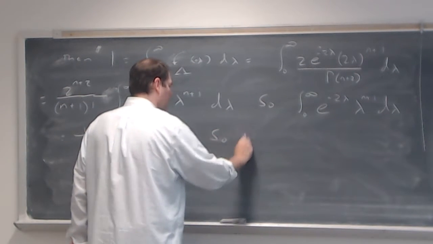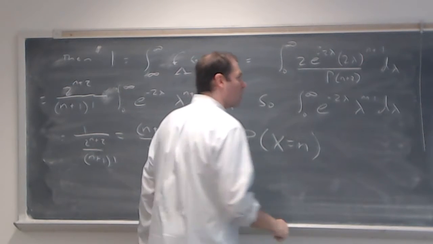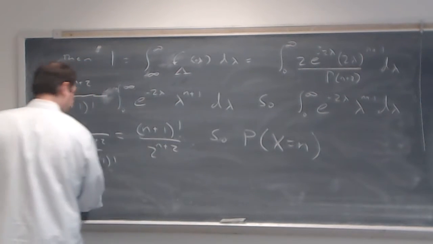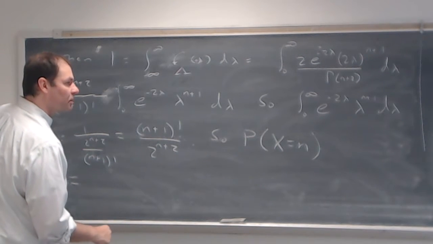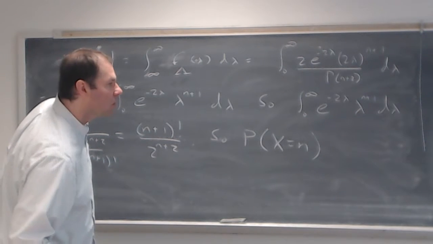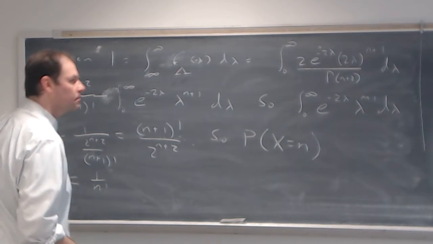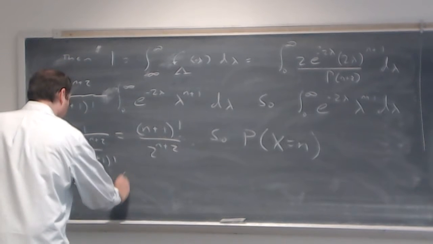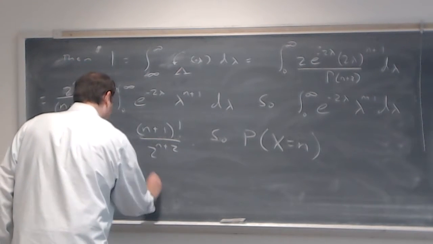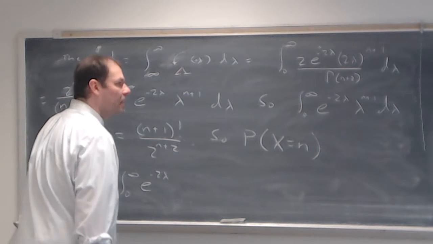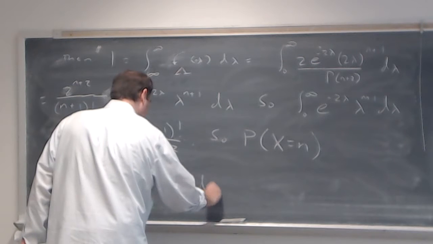So, the probability that X is equal to n, which we have currently, looking over here, was 1 over n factorial times the integral from 0 to infinity of e to the minus 2 lambda, lambda to the n plus 1, d lambda.